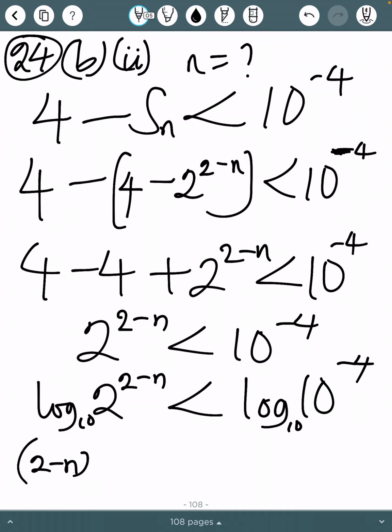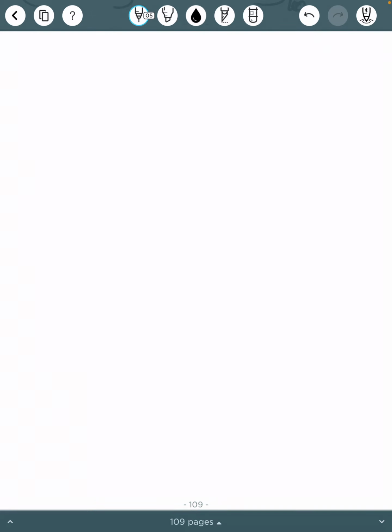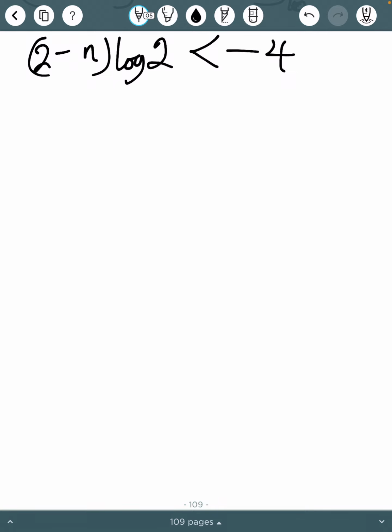So 2 minus n coming down times log 2 is less than minus 4 times log 10 to base 10. Log 10 to base 10 is 1. So that gives me 2 minus n in bracket times log 2 is less than minus 4.